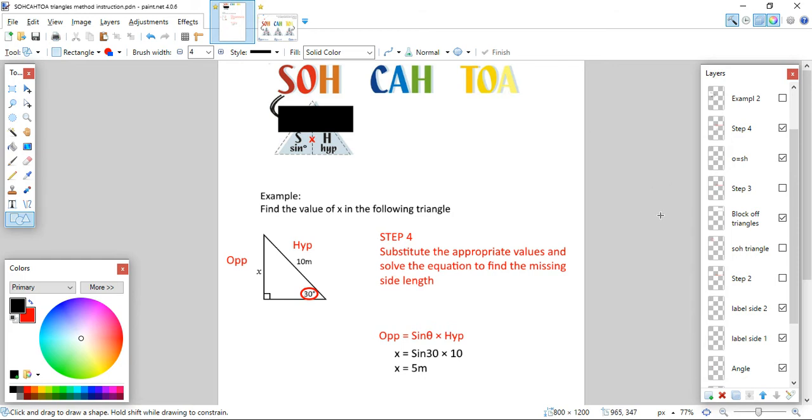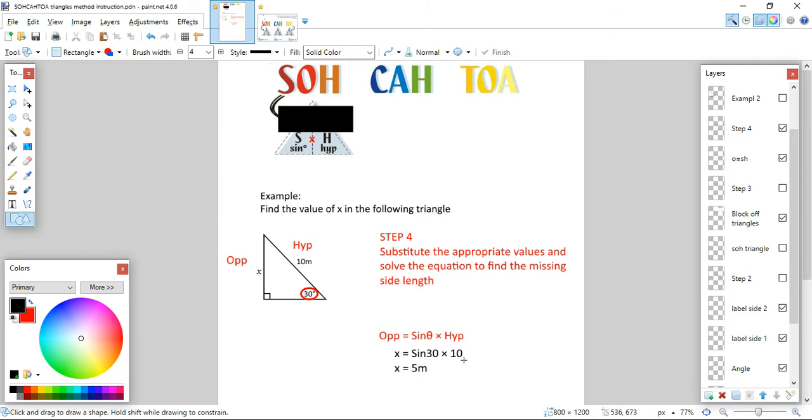Our final step is to substitute the appropriate values into our equation. So looking at our diagram here, we can see that the opposite is represented by the letter x on our diagram, and theta, which is our reference angle, that's 30 degrees. And finally, the hypotenuse is 10 meters.